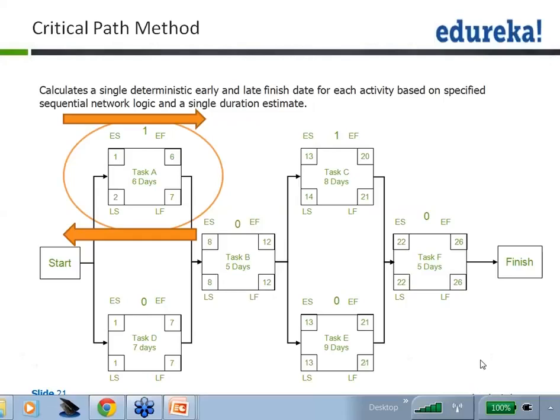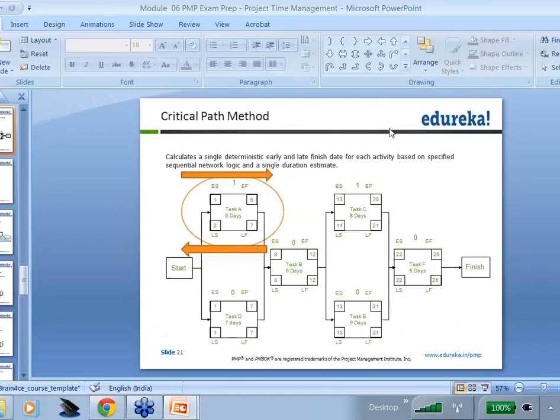The way the calculation of the critical path is done is that you would write the two paths which are going to be available here.